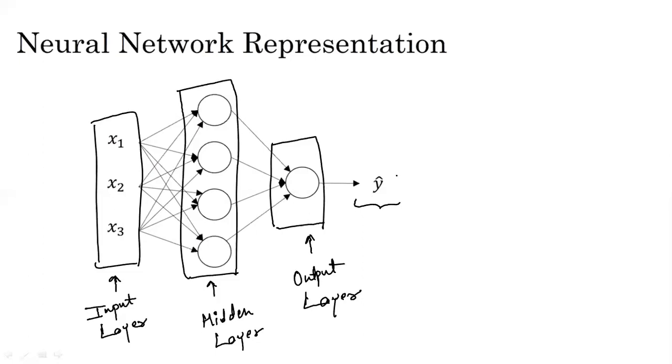Why do we call the middle layer the hidden layer? Because all the implementation of this middle layer has been totally hidden from us. We don't know what is the input to this hidden layer and what is the output that goes to the output layer.